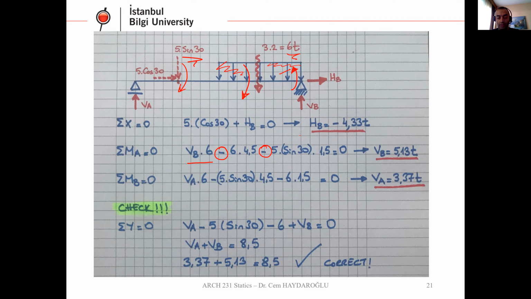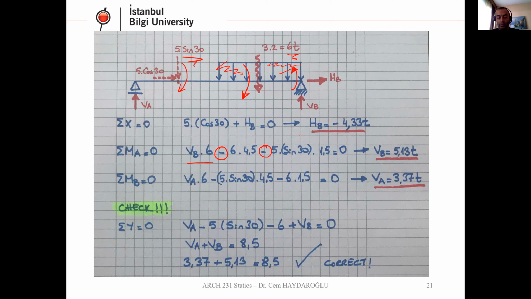So here, from this equation, vertical A plus vertical B is 8.5 tons. We have just calculated vertical A and vertical B. Let's sum these numbers. If they're equal to 8.5, the result is correct.